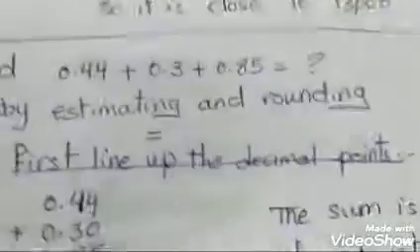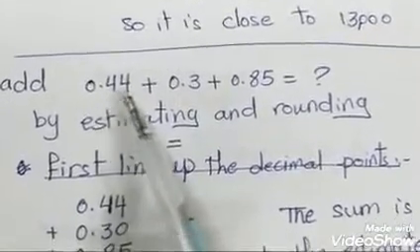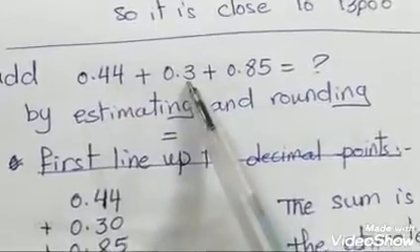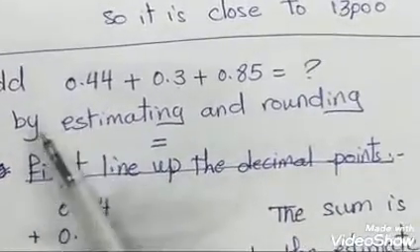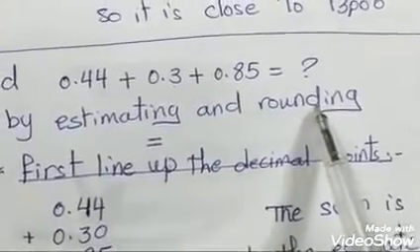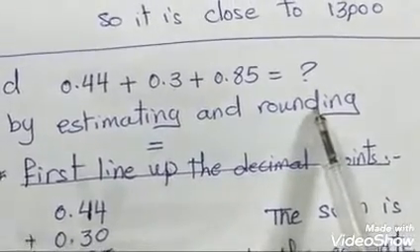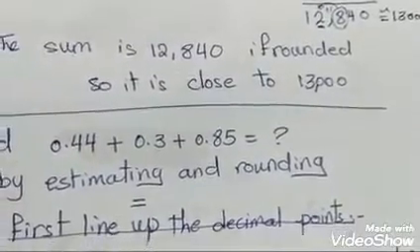What about decimals? Add 44 hundredths, 3 tenths, and 85 hundredths. First, by estimating and rounding, I will approximate to the nearest tenth.